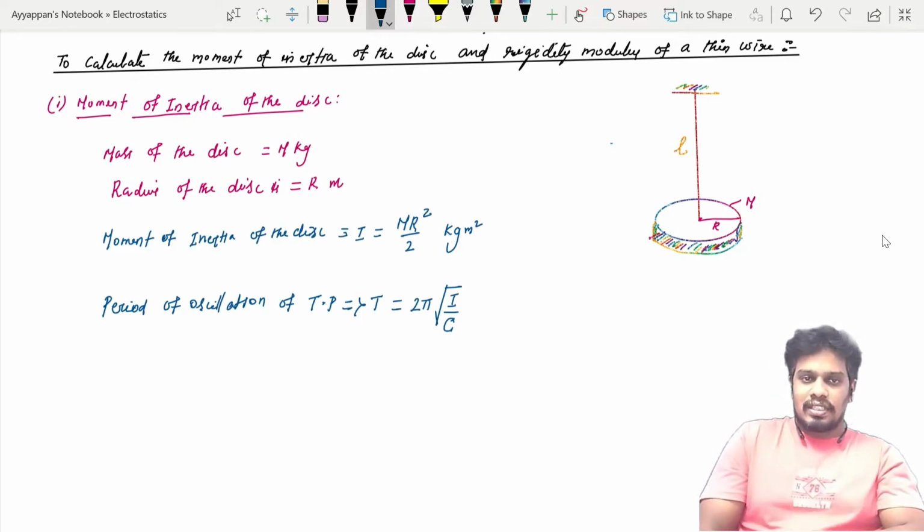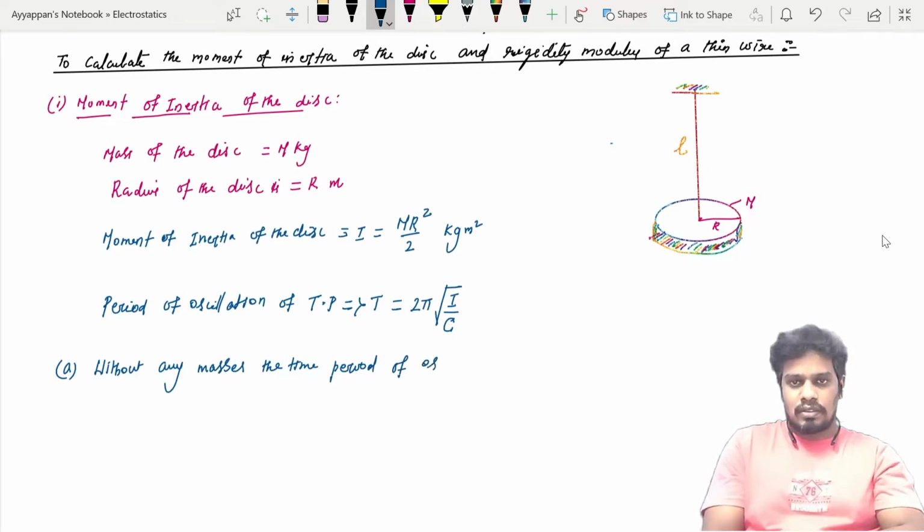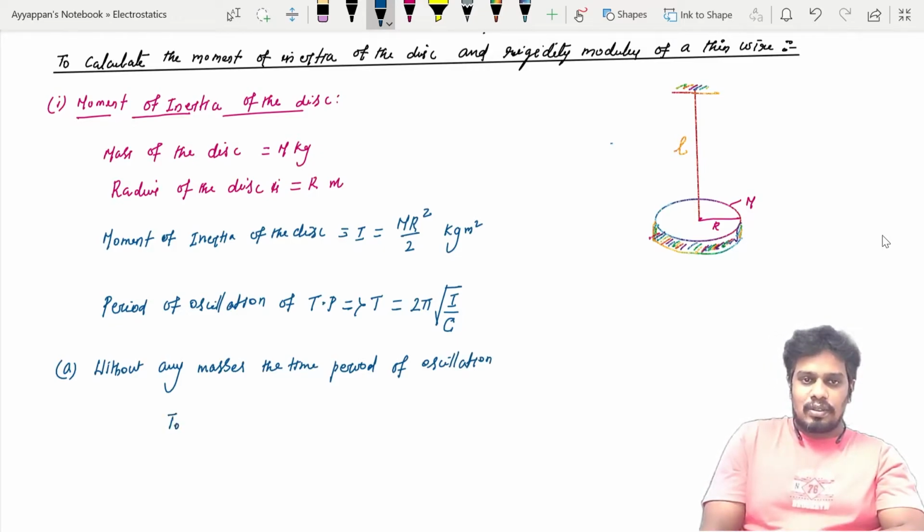Suppose the first part of the experiment we call A, without any masses. The time period of oscillation we call T naught, without any masses.